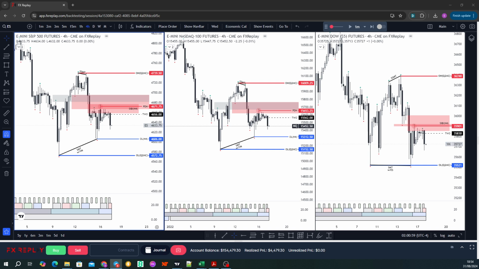ERL, IRL. As noted on the daily TF, the market traded up into internal range liquidity in the form of the CB daily. Therefore, my immediate attention turns to external range liquidity in the form of the old low.